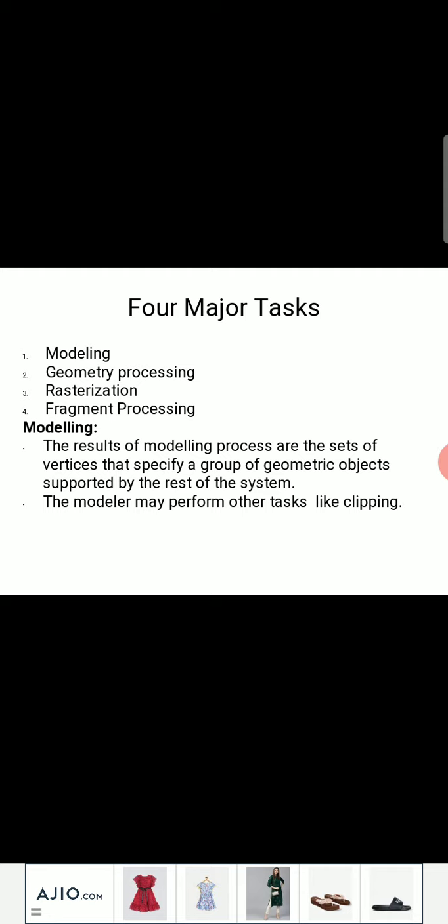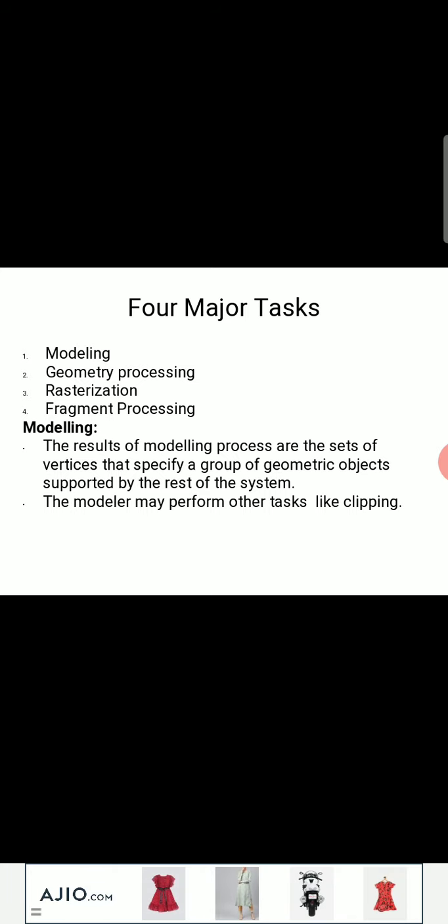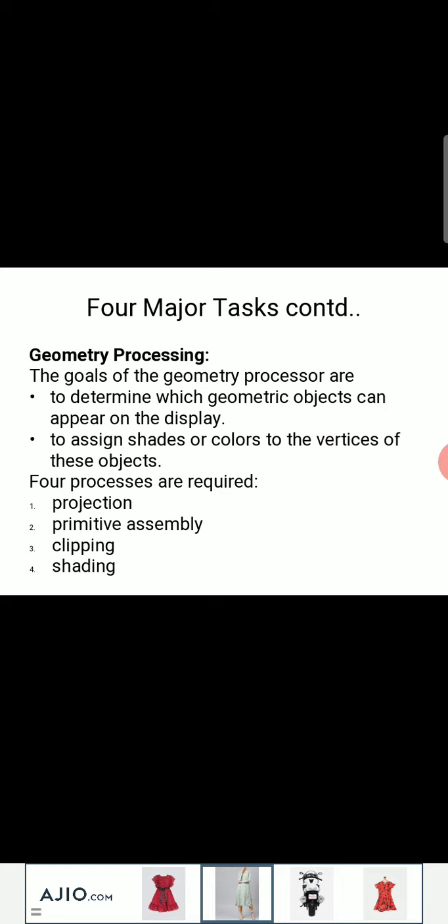Modeling. The results of the modeling process are the sets of vertices that specify a group of geometric objects supported by the rest of the system. The modeler may also perform other tasks like clipping. Geometry processing.